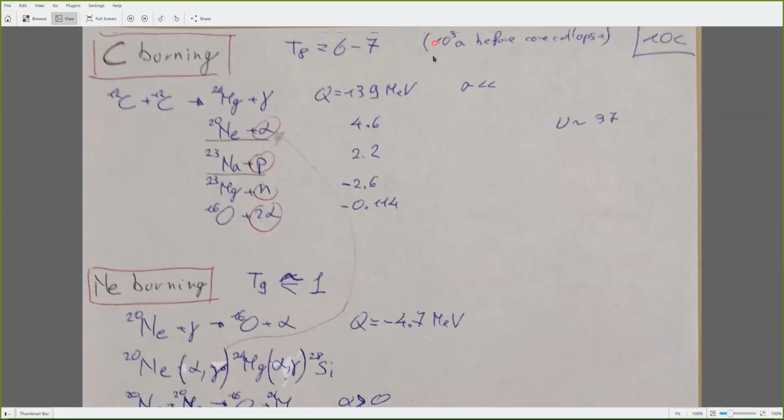Obviously, for the massive ones this part is shorter because they are quicker, with even higher luminosity, so the phase is even quicker. But you have less than 1,000 years before the collapse when you start the carbon burning, which has several reactions.